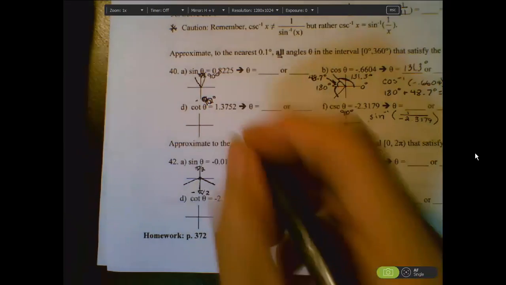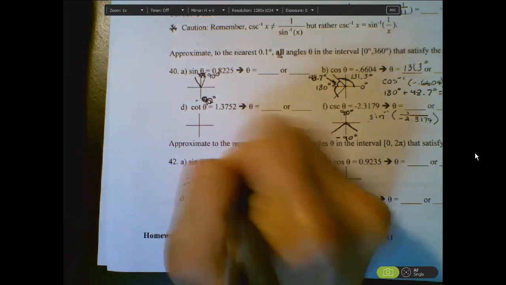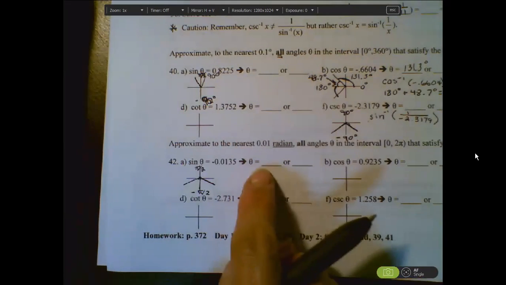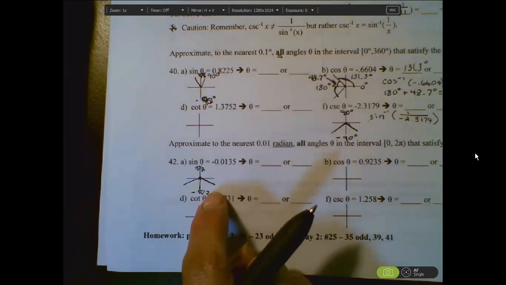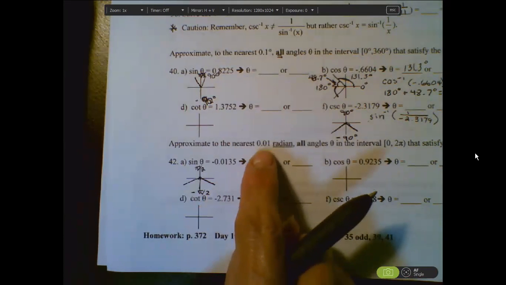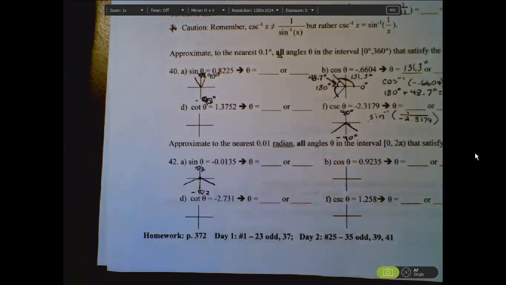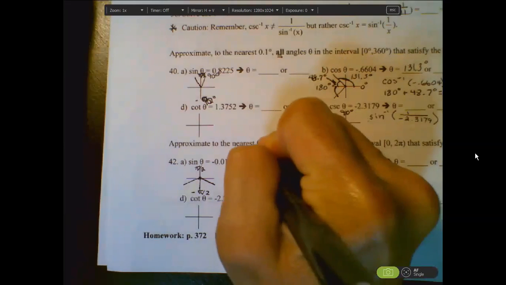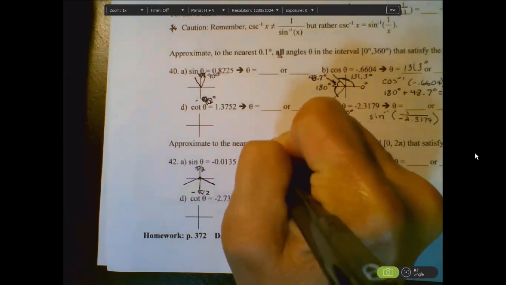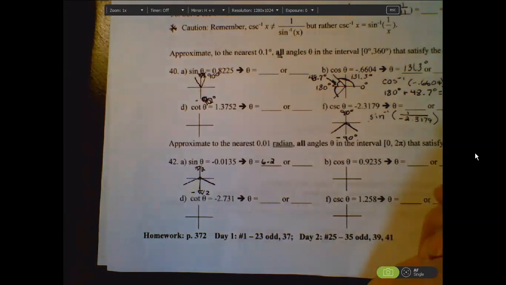When you used your calculator on that, what answer did you get for the fourth quadrant angle to the nearest 100th of a radian? Miss Kelsey, did you get one of the answers? I got 6.27. Well, no, whenever I put it in the calculator, -0.01. Oh, okay.